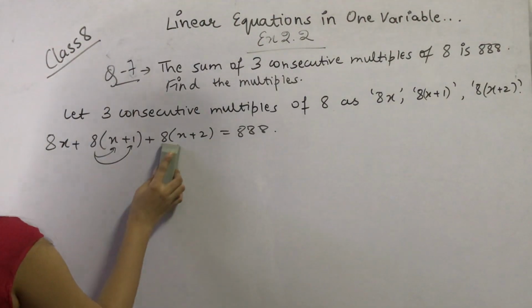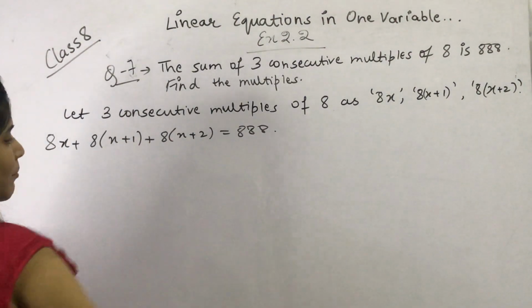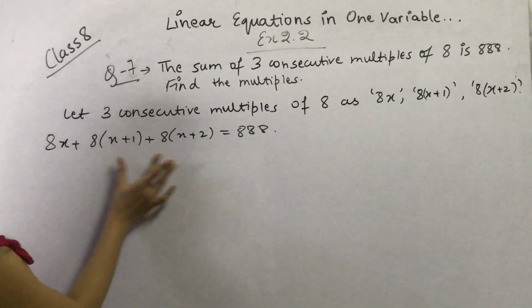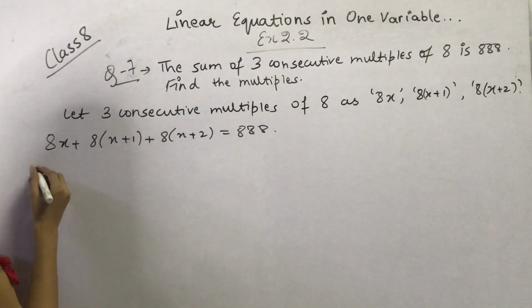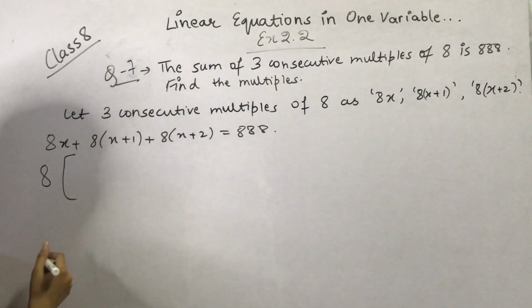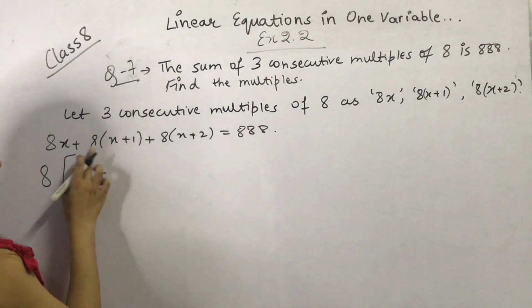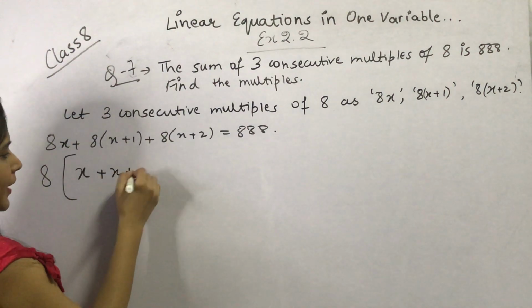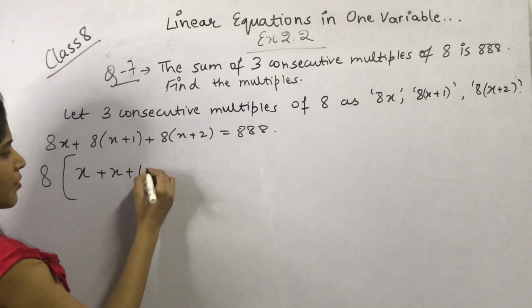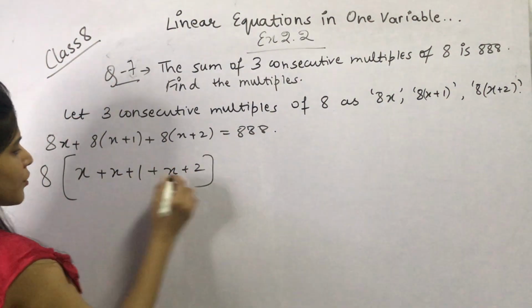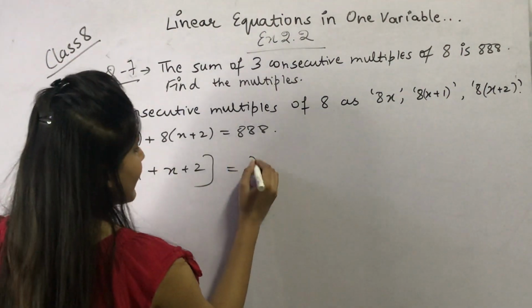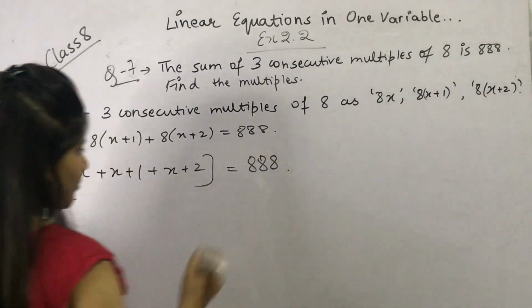So simply we can take 8 in common because in all three numbers we have 8. So from here 8 is gone, so x is left; 8 is gone, so x+1; 8 is again gone, so x+2. So we are left with these numbers. Now this is all equal to 888.